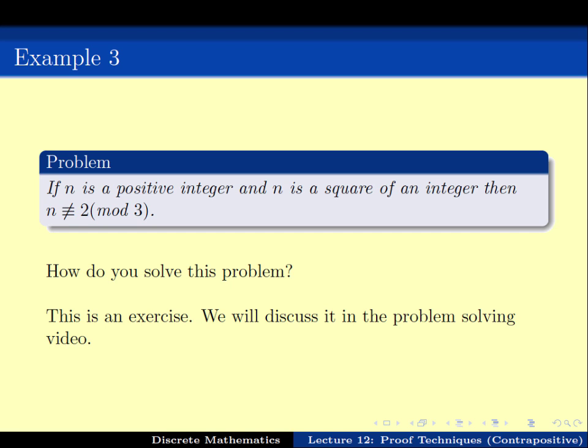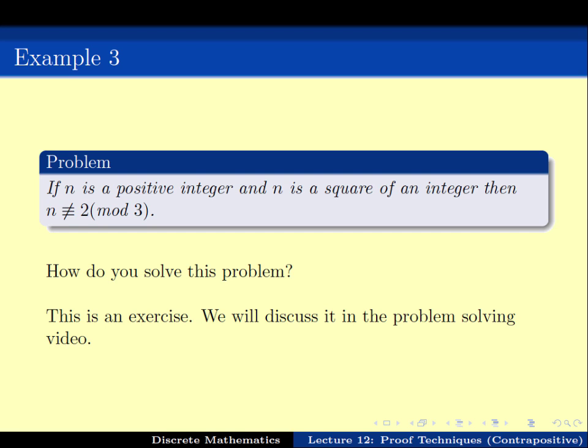I encourage you guys to look at all the examples that I did in this video lecture and try to prove them directly. And then you will appreciate why proof by contradiction is such a useful technique to have. By doing the proof by contradiction, we are able to simplify or view the problem in a different way, which helps us to solve it.